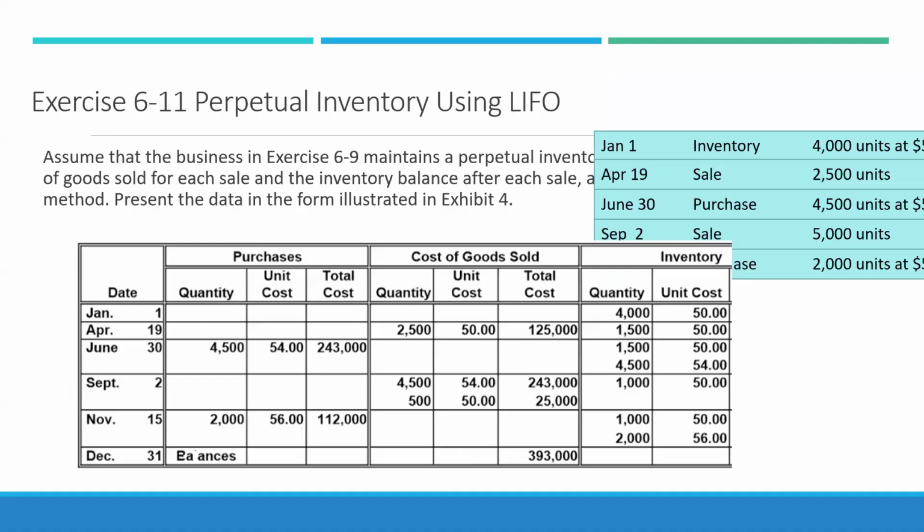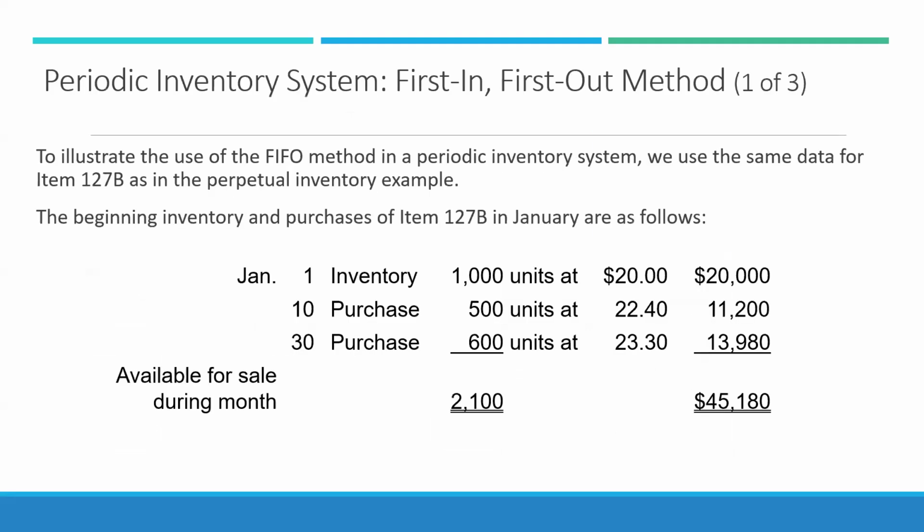In this case, for the sale of 2,500, we use the initial $50 inventory, and then for the sale of 5,000, we use all 4,500 of the $54 inventory that we just purchased, and then another 500 of the $50 inventory. And then our ending inventory is 1,000 of the initial, and then 2,000 recently purchased.